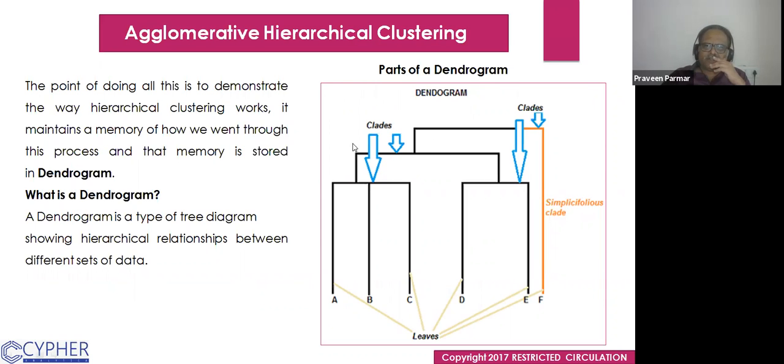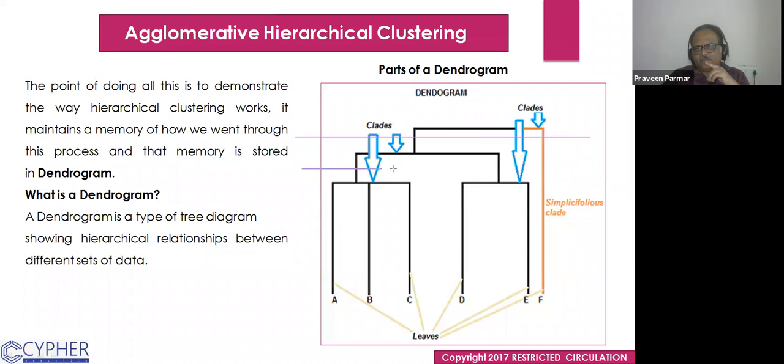If I cut this tree from here, how many groups will I get? 1, 2, and 3. I just put a line so you could understand better. If I cut the tree from here, how many am I getting? This is one group, and this is two.